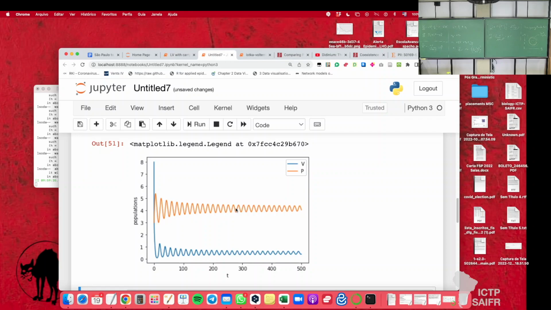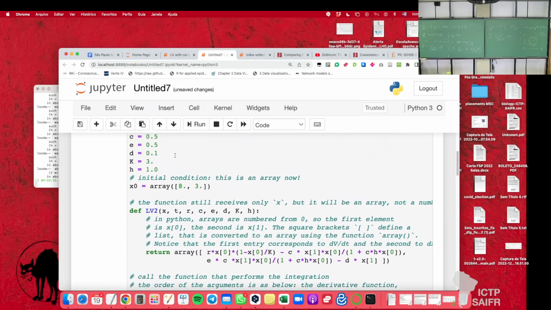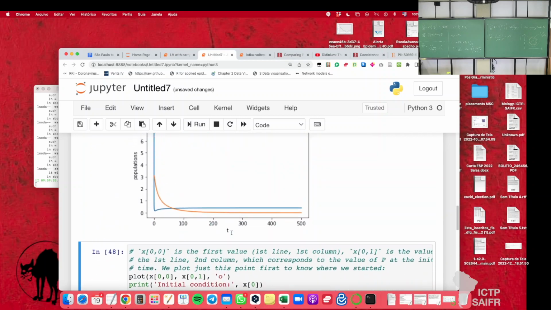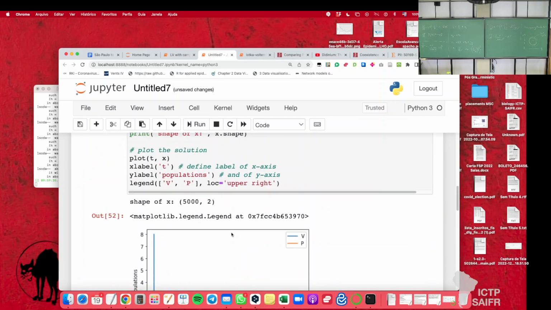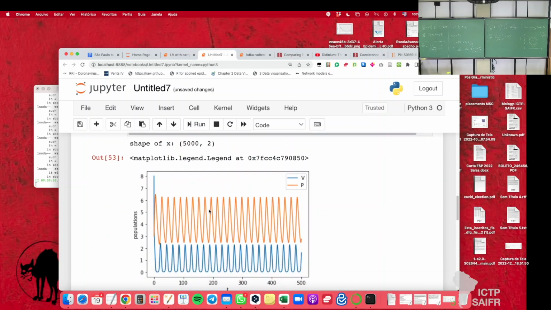Okay? Look at this here. If you look at that with 4, if you compare it. Okay, this was bad because I made a mistake. So the amplitude clearly depends on k.